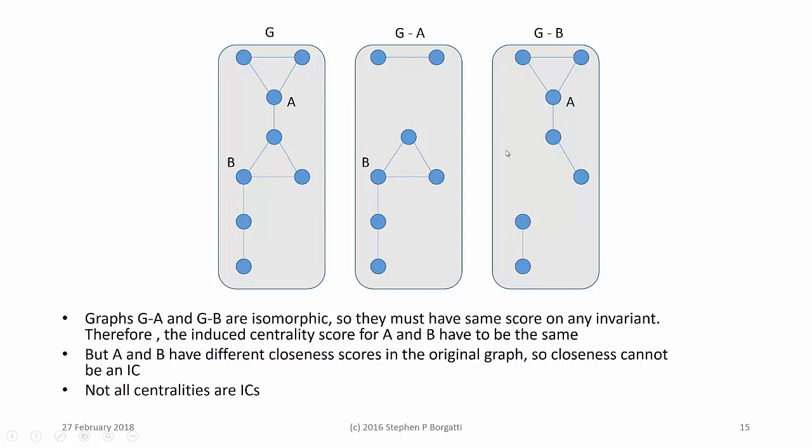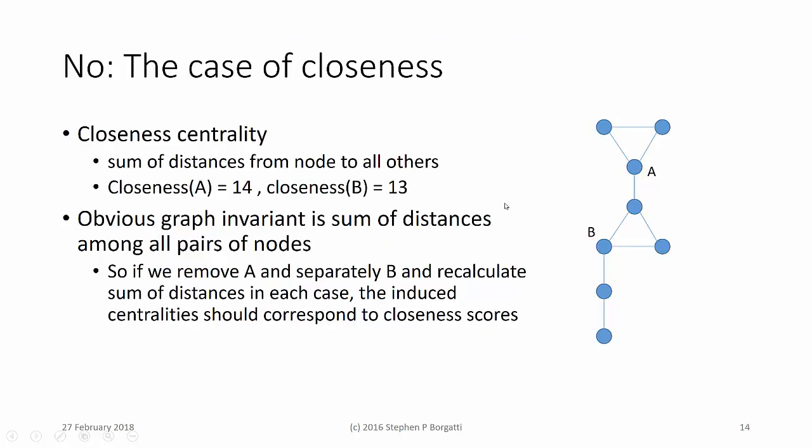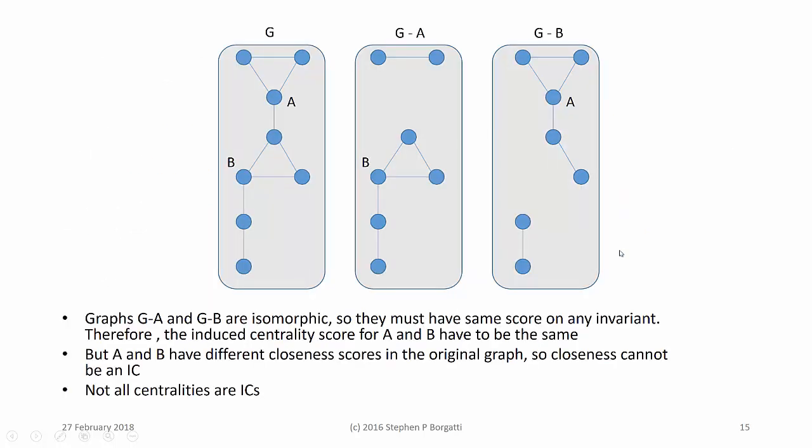So that means that closeness centrality could not be an induced centrality, because closeness centrality gave a different value for A and B. And yet, the induced method would show that no matter what graph invariant you chose, A and B must always have the same value because the residual graph, when you remove them, is identical. So not every measure, then, is an induced centrality.